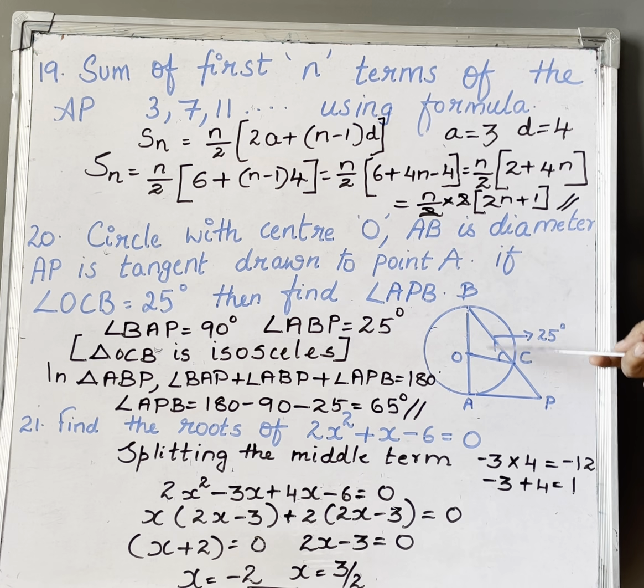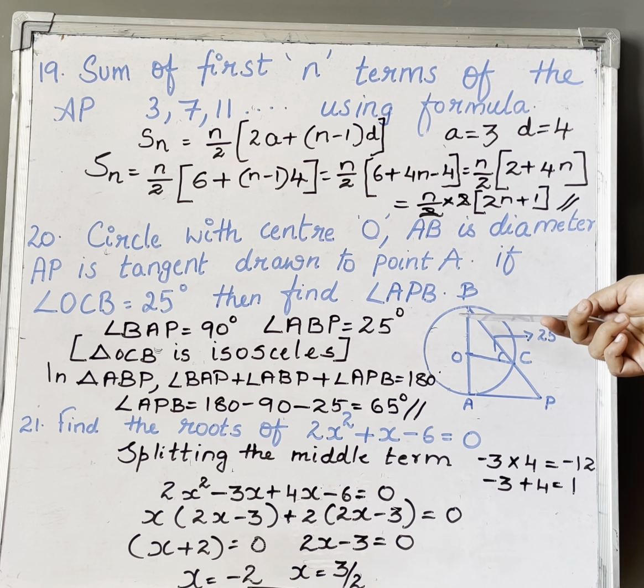So angle OCB equal to angle OBC equal to 25. So angle BOC will be 180 minus 25 minus 25, which is 180 minus 50 or 130.